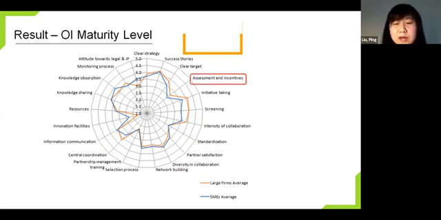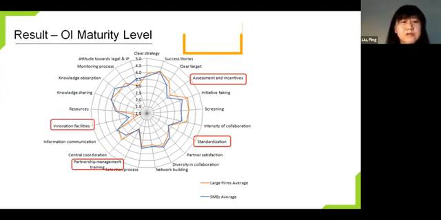So for both large firms and small SMEs, these are the areas that are still less developed: the assessment and incentives, the standardization for partner management, the partnership management training, and innovation facility is rarely shared.